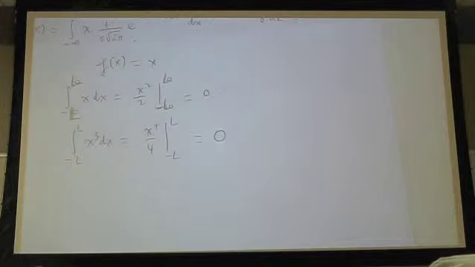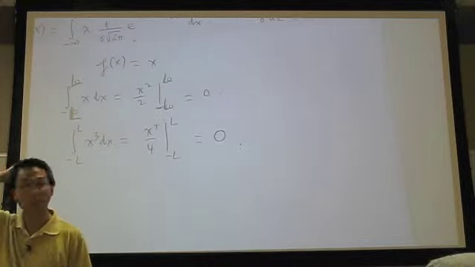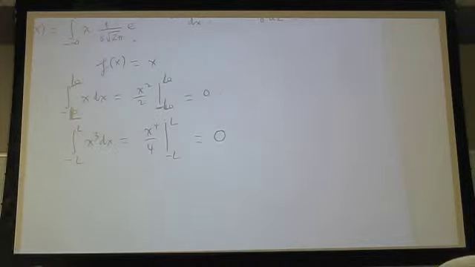And of course, if you evaluate an even function from negative L to L, you're going to get 0. Can you see that? So the moral of the story that I just told you right here is what? If you integrate an odd function over a symmetric interval, you always get 0. Can you see that?